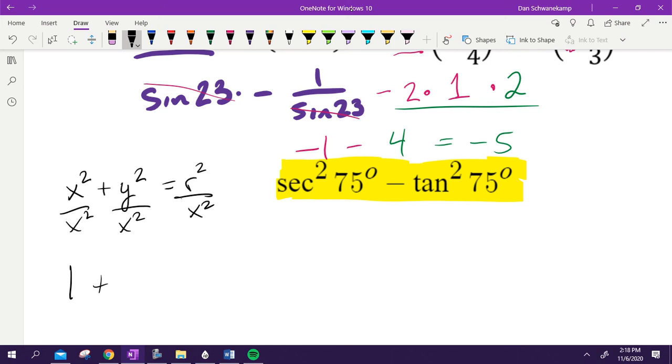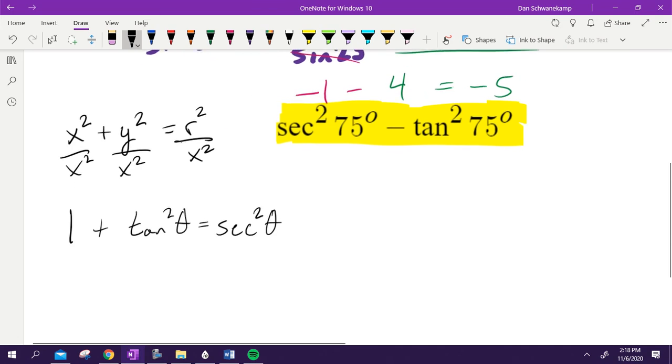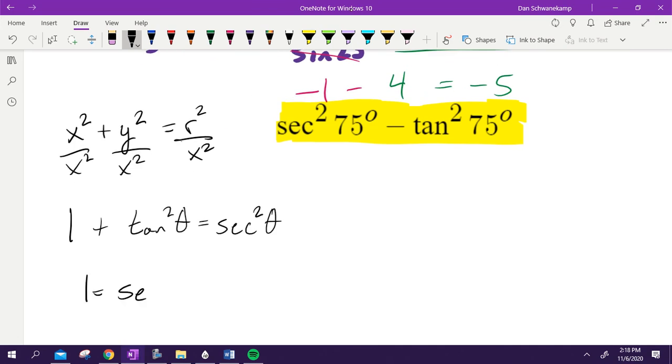Y squared over x squared, that is tangent squared. And r squared over x squared, oh yeah, that's secant squared. Now ours doesn't look like this, it looks like that. What would I need to do here? Subtract the tangent squared. So if I subtracted the tangent squared, I would get secant squared theta minus tangent squared theta. Oh yeah, that's that right there.